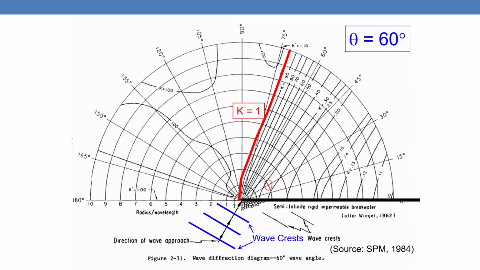Then if the wave is coming from here at 60 degrees, so this theta is 60 degrees, then this is another diagram. Again, this red line is for K equal to 1, and you are able to see all those different parameters.